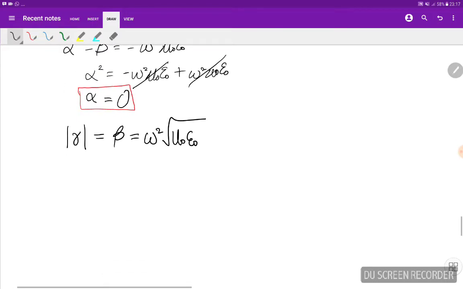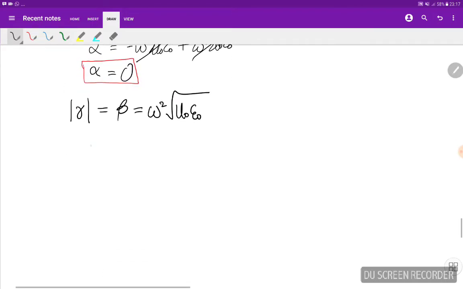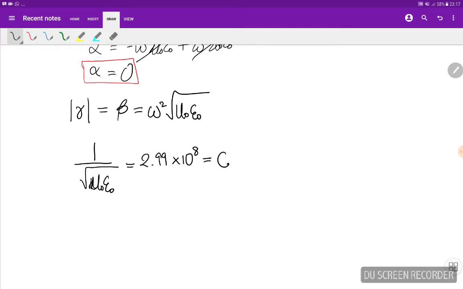And if you notice something very amazing from what Maxwell found out, 1 over the square root of μ₀ε₀ is equal to 2.99 times 10 raised to the power 8. If you recall, that is equal to the speed of light.